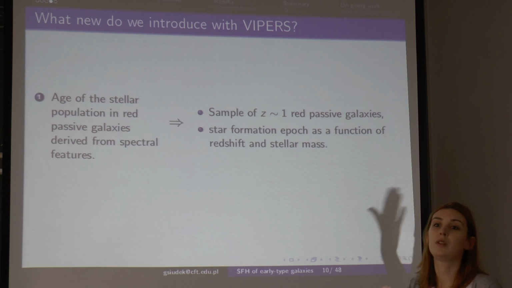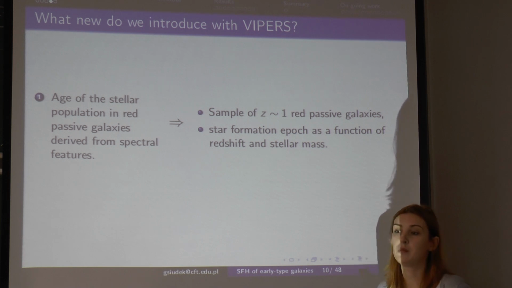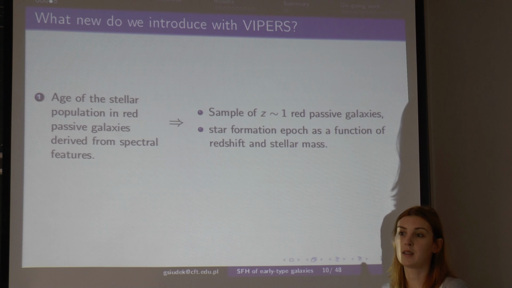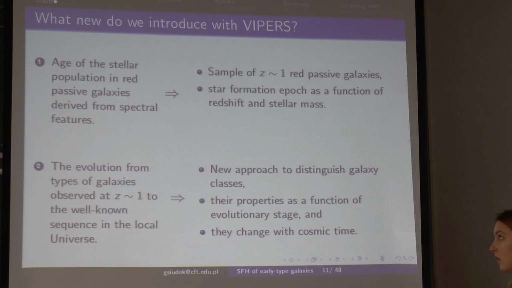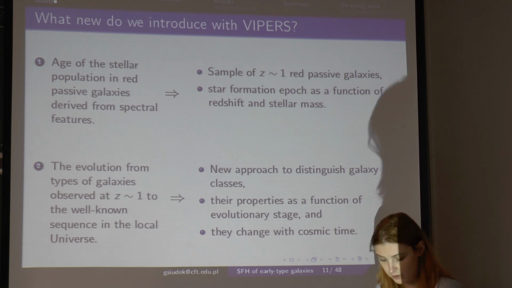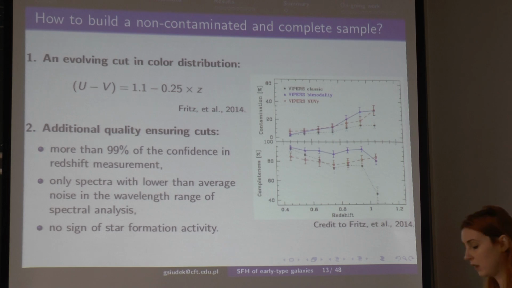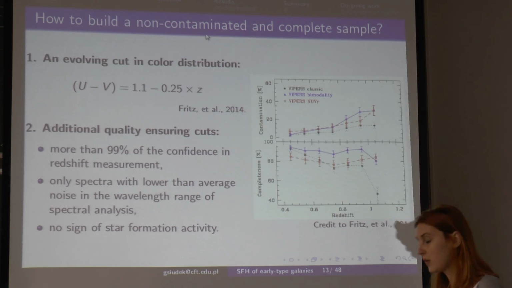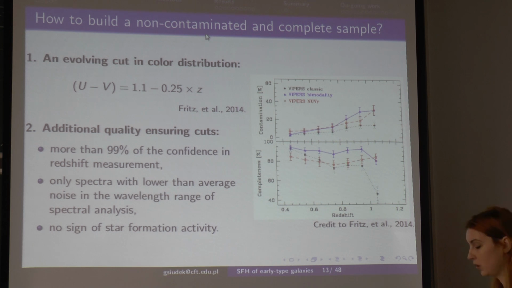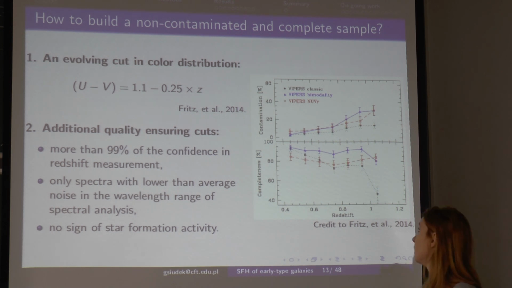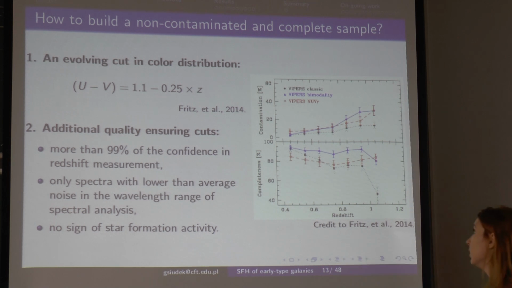And I want to go deeper, to estimate when the stars in these galaxies were formed. Now I'm currently working on tracing the evolutionary paths leading to the formation of elliptical and spiral galaxies observed in the local universe. To select my red passive galaxies, I use an evolving cut in color distribution, which was discussed already by Fritz et al. in 2014 using VIPERS data.